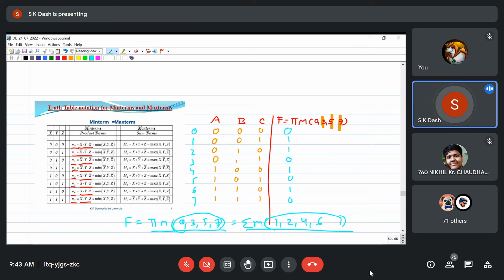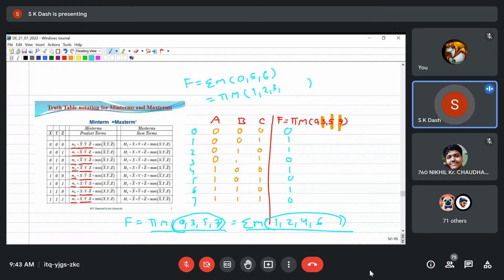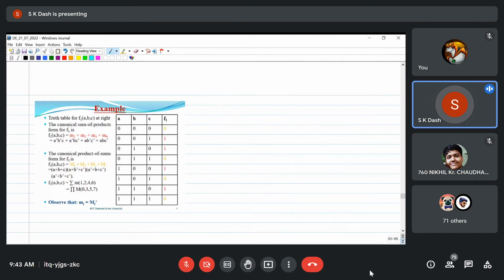If I write a function f is equal to summation of m 0, 5, 6, can you write what will be pi of capital M? The missing terms are 1, 2, 3, 4 and 7.